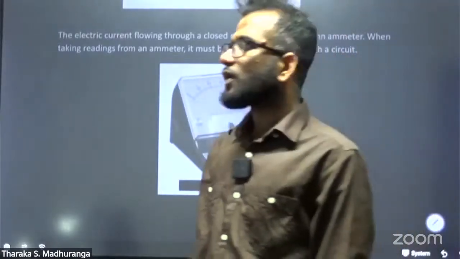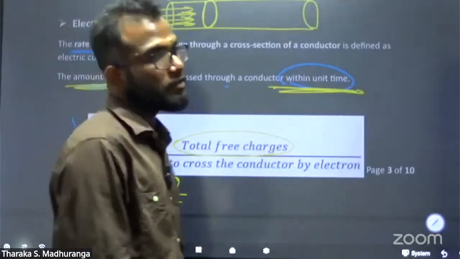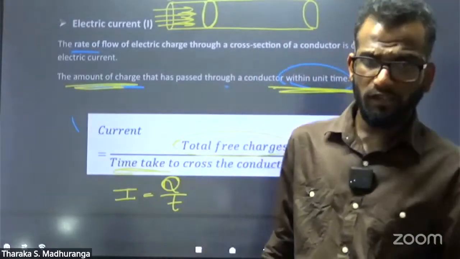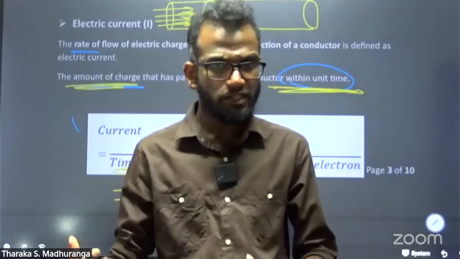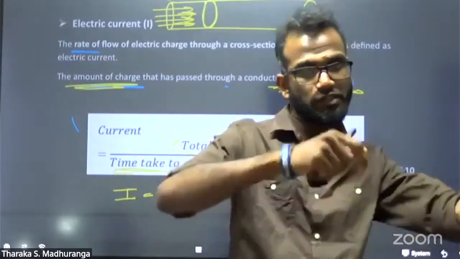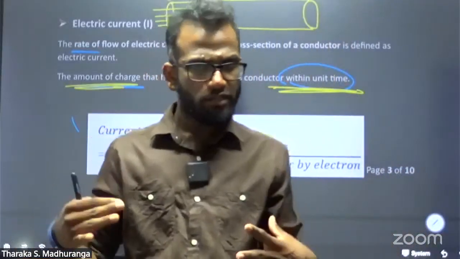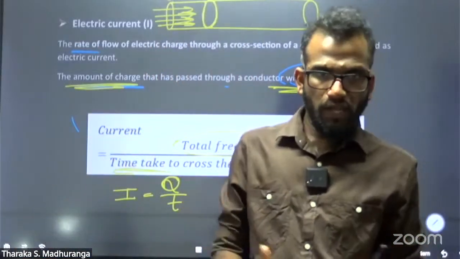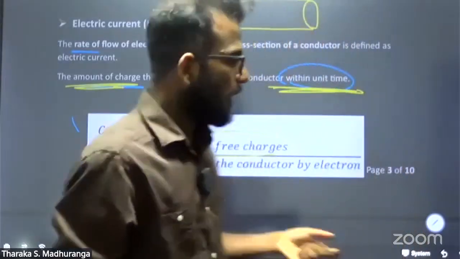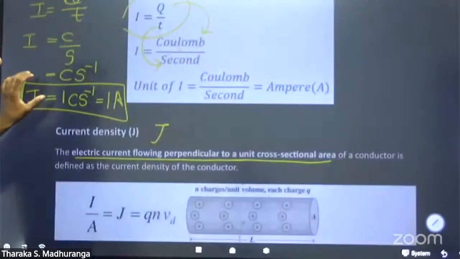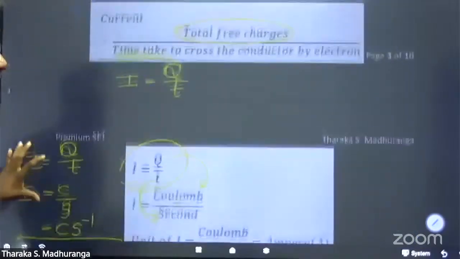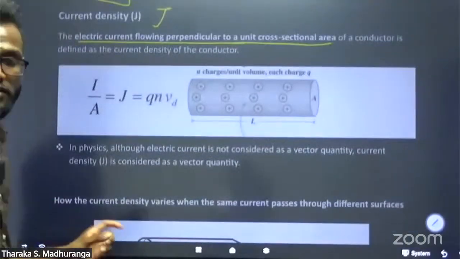I think now you have full knowledge about electric current: how it is formed, what the directions are, what the current density is, the equation of electric current, how we get the unit, the standard unit, and the usage of current density.